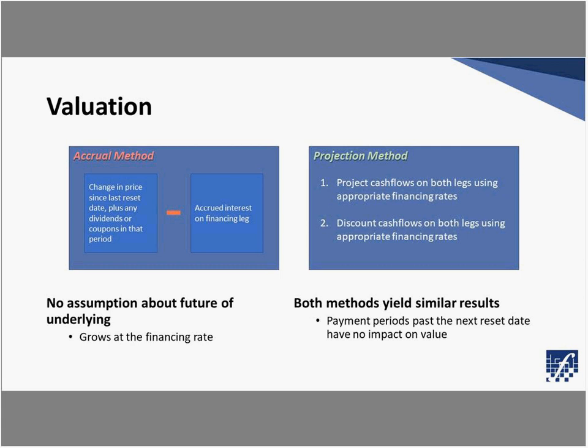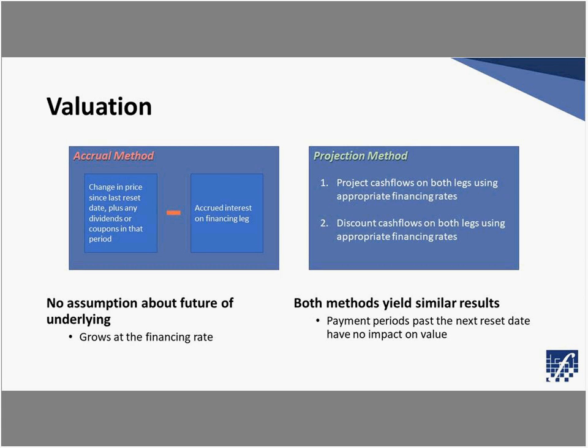Alternatively, you can specify the projection method, which would be similar to a normal interest rate swap, where you basically project the cash flows on both legs, and then you discount those cash flows back to today, and then the difference between the value on the receive leg and the payer leg is your mark-to-market, basically.